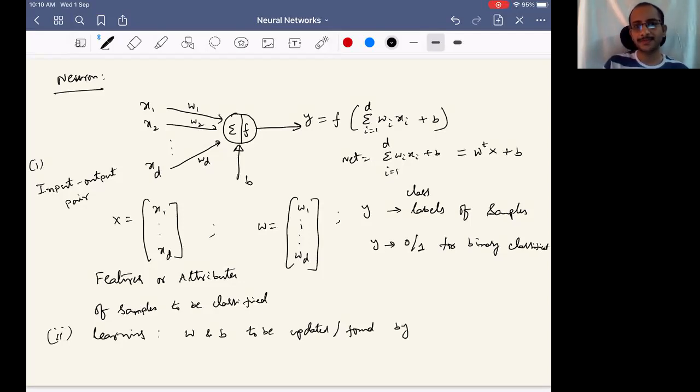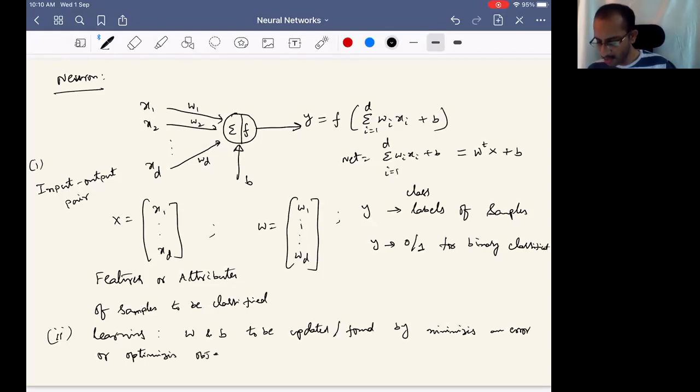Loss function. Yes, minimizing an error function, or optimizing an objective function. So we need to define an objective function.